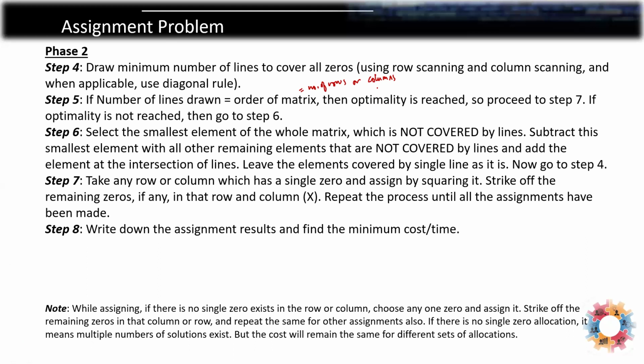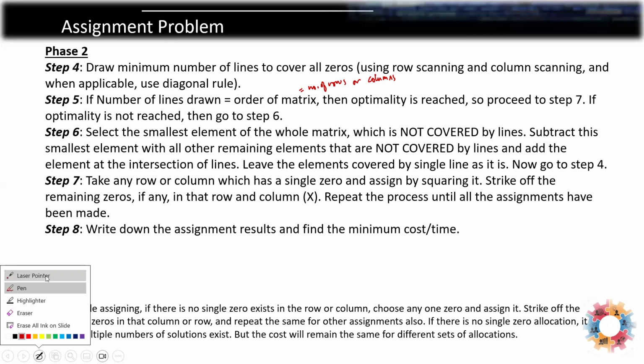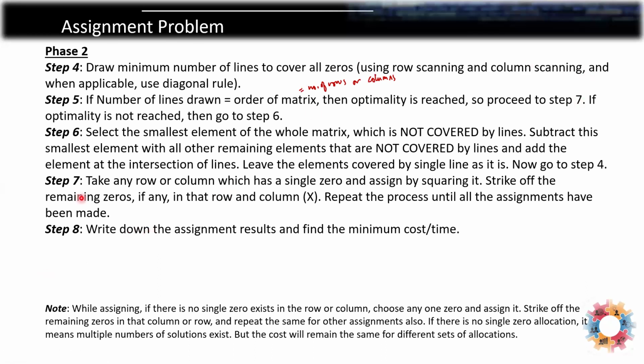Then when optimality is reached, you proceed to step 7. That means that you now have to determine the cells that correspond to the cost of assigning a particular worker to a particular job. And then after identifying those cells, you write down the assignment results and find the minimum cost or time.